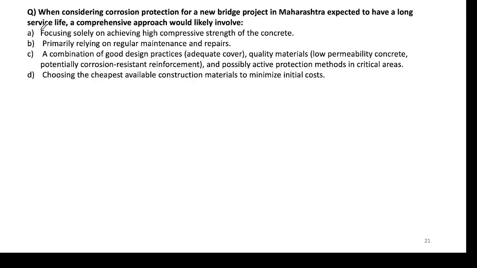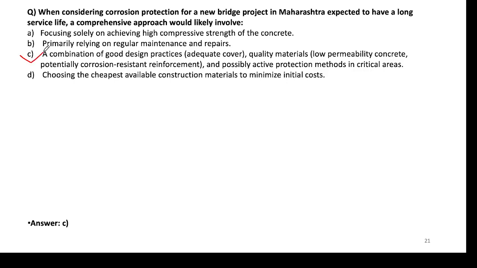Option C is the combination of good design practice, adequate cover, quality material, low permeability of concrete, potentially corrosion resistant reinforcement, and possibly an active protection method. These are the critical areas to be considered for a longer service life. Choosing the cheapest available construction material to minimize the initial cost, and then putting in regular maintenance and repair, is not a good idea. Hence, option C is correct.